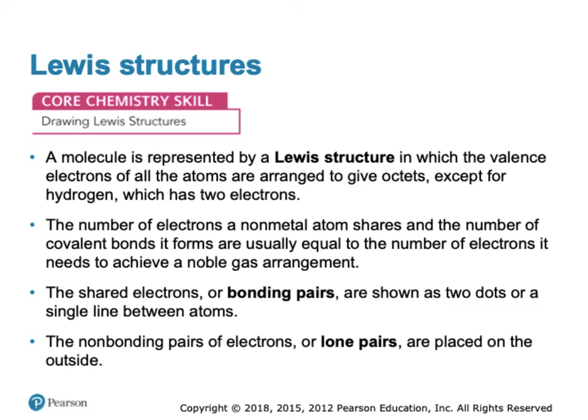So we can use a representation called a Lewis structure in which we can depict the valence electrons of the atoms and we arrange them to give octets, except for hydrogen, which has two electrons. The number of electrons a nonmetal atom shares and the number of covalent bonds it forms are usually equal to the number of electrons it needs to achieve a noble gas arrangement. So for example, let's take oxygen. Oxygen is in group 6A. Oxygen has 6 valence electrons.